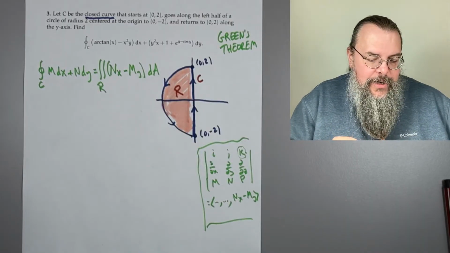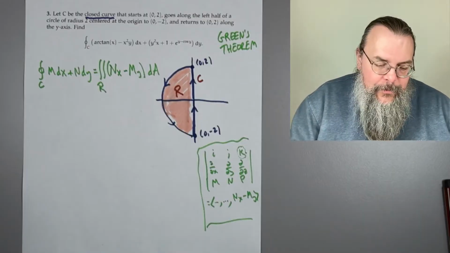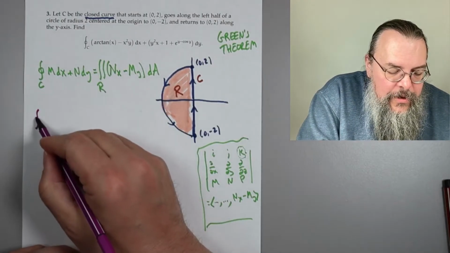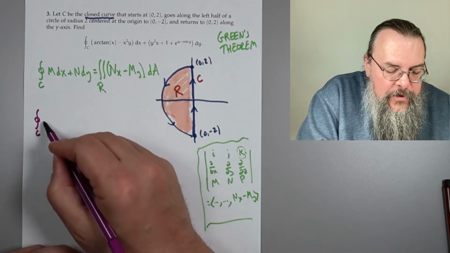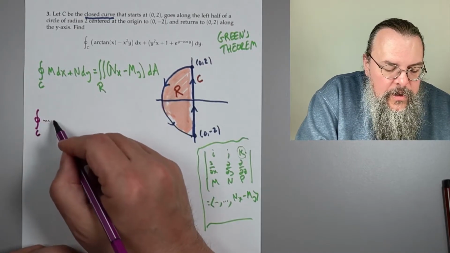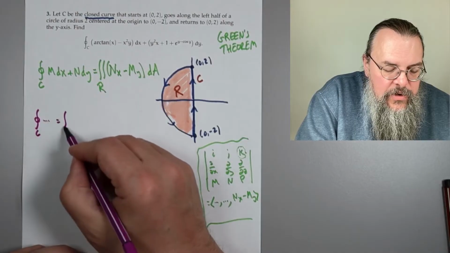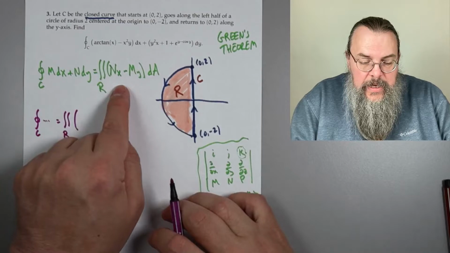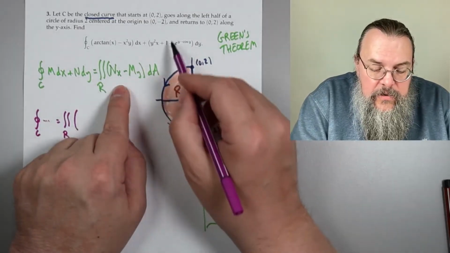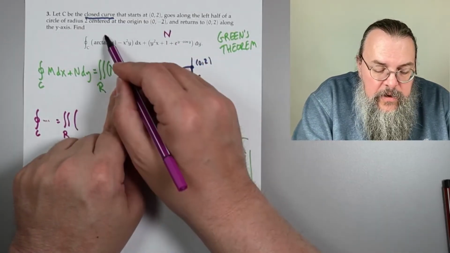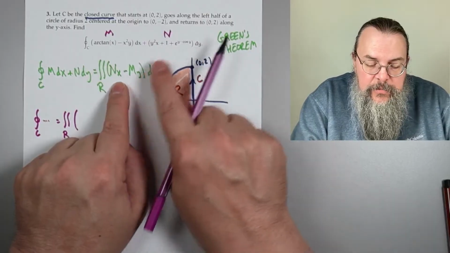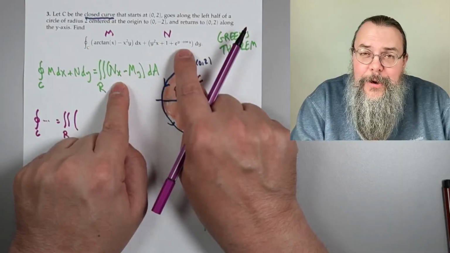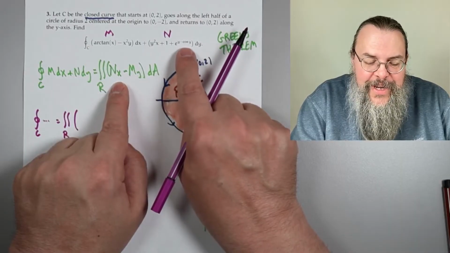Okay, so here we go. Our formula, I said our formula, but our problem, our integral is going to be equal to the integral over our region of, okay, so here, this is our N, this is our M. Taking the derivative with respect to x, notice that this part goes away. That's also a pretty good clue that you should take the derivative with respect to x.